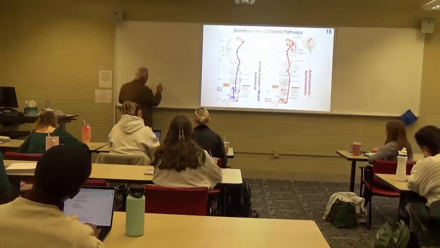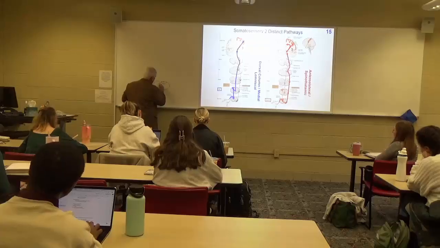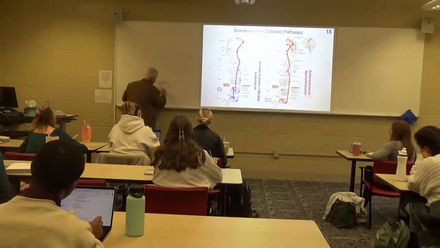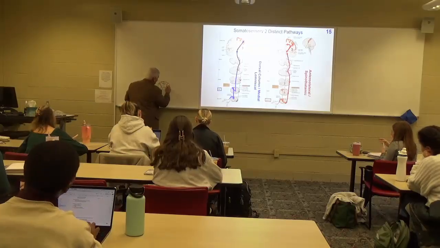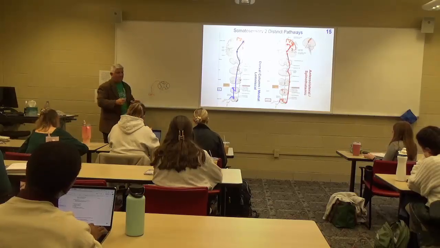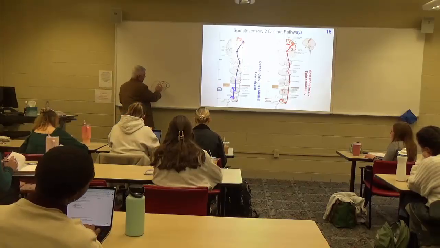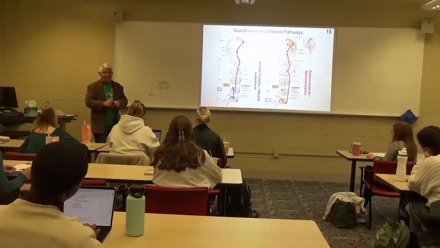And it kind of looks like a butterfly shape where this area is gray matter, it's cell bodies and connections. These areas, these four areas, are white matter, pathways.